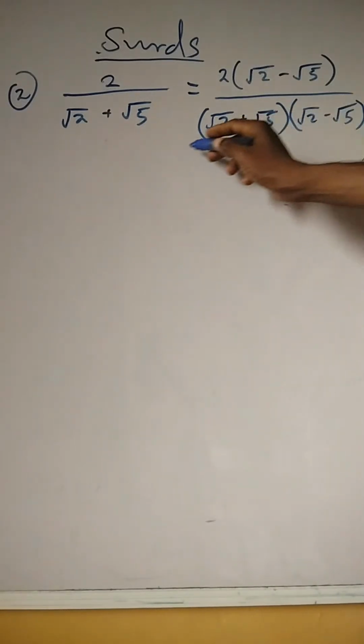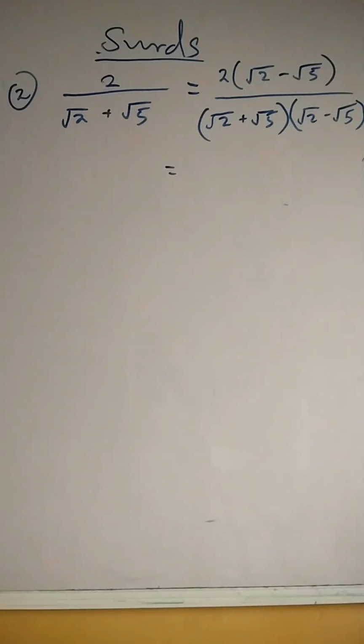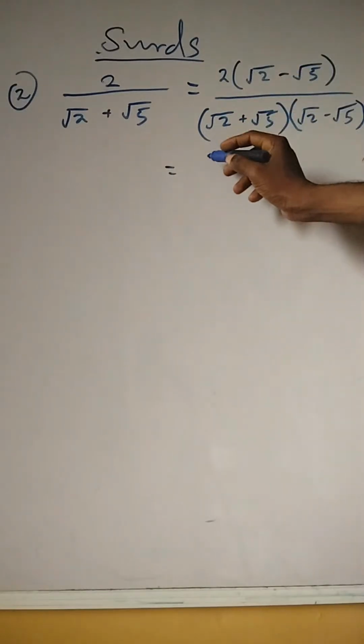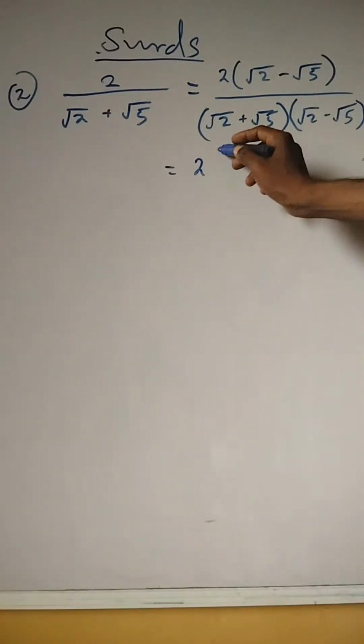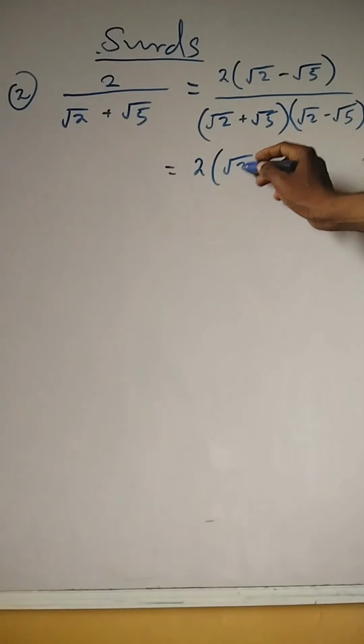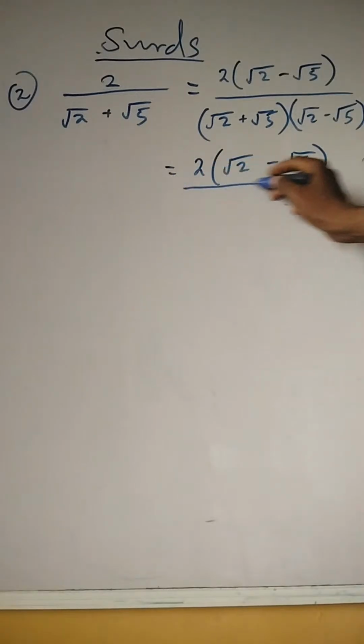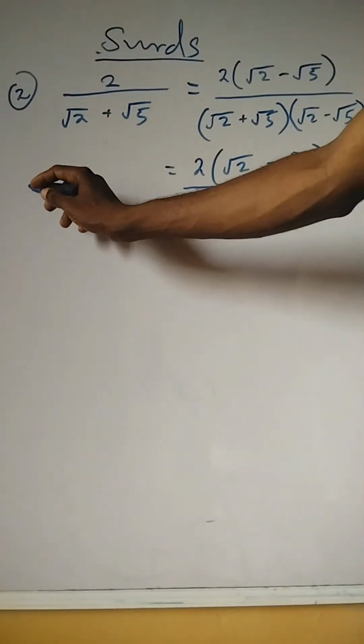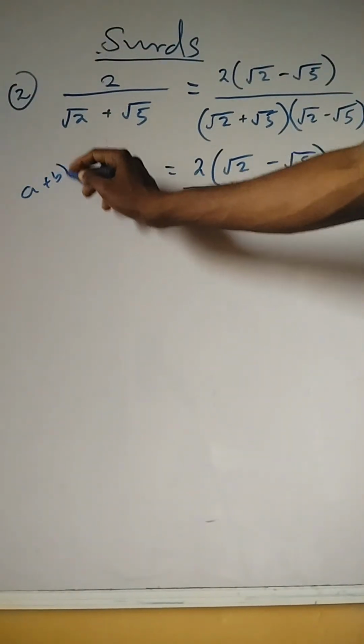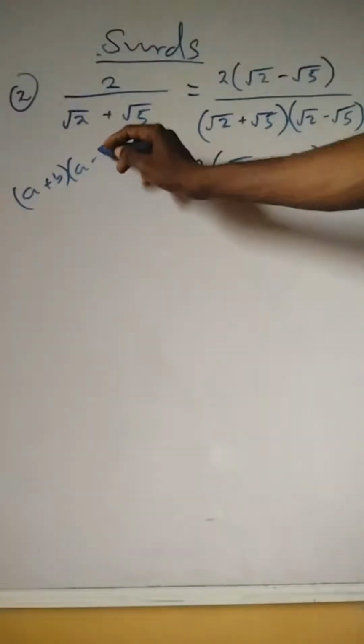Then when we expand, what we have up is a constant 2 multiplying the bracket. We can leave it the way it is, and write it as just 2 into bracket root 2 minus root 5. Then over this. This follows the difference of two squares, which is in the form a plus b, two brackets, open bracket, a minus b.